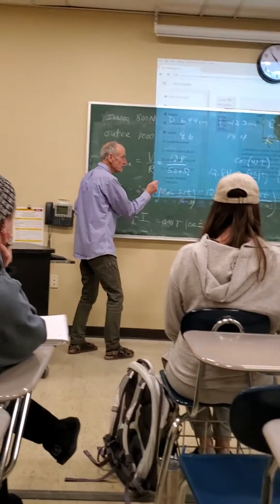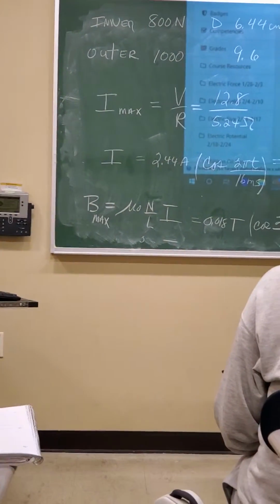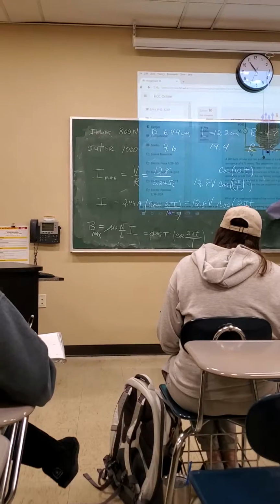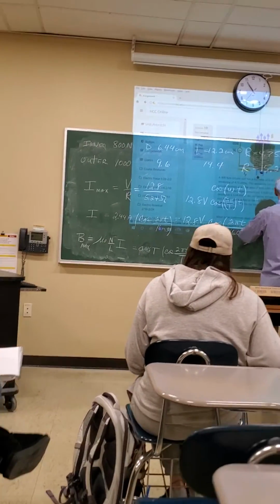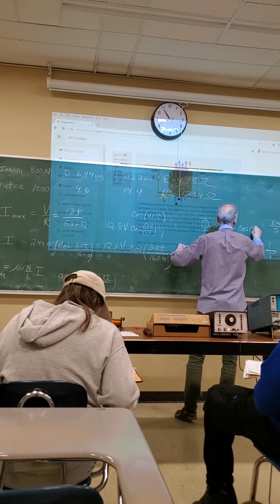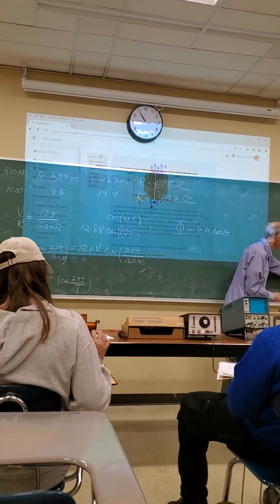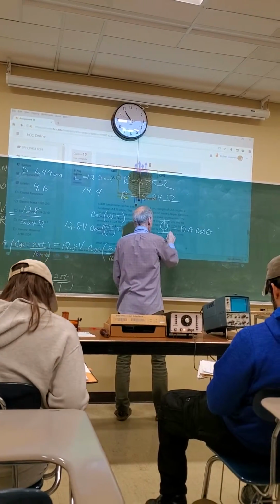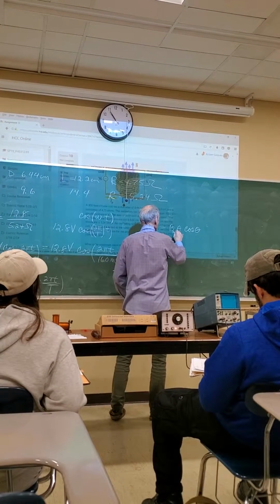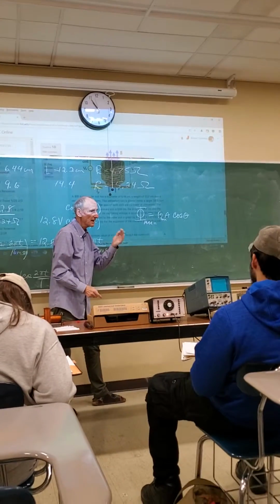Okay, but now you're going to use the field to get the flux. So the flux is B A cosine theta, or flux max is going to be B max times A, which is fixed, and the cosine of theta.